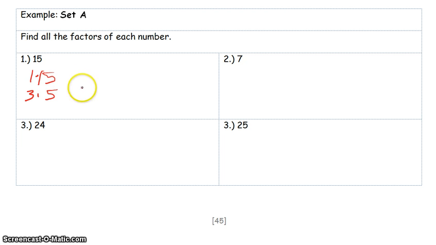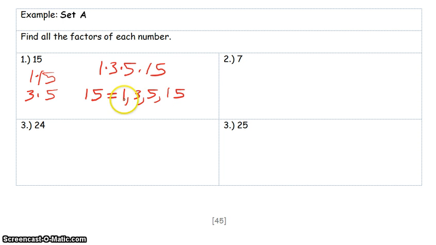We know 4 doesn't work, 6 doesn't work, 7, 8, 9, 10, 11, 12, 13, or 14. So these are our factors, 1 and 15, 3 and 5. So we write them in order. It'll be 1 times 3 times 5 times 15. So our factors of 15 go like this: 1, 3, 5, 15. These are our factors of 15.